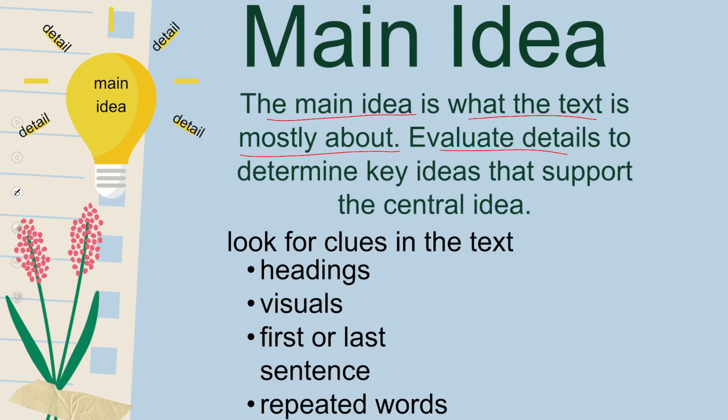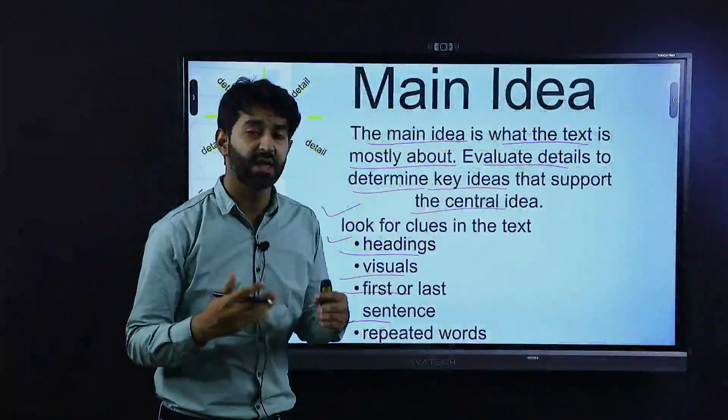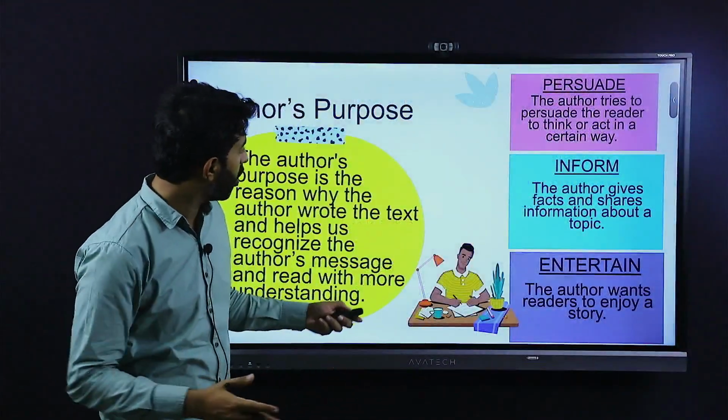Evaluate details to determine key ideas that support the central idea. Now you have to look for these clues in the text. You will be going through the headings, the visuals, the first or last sentence of the text, and words that are repeated again and again.